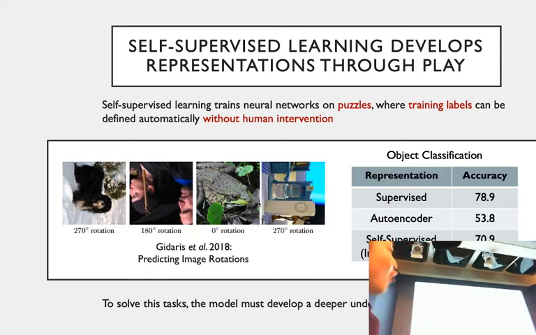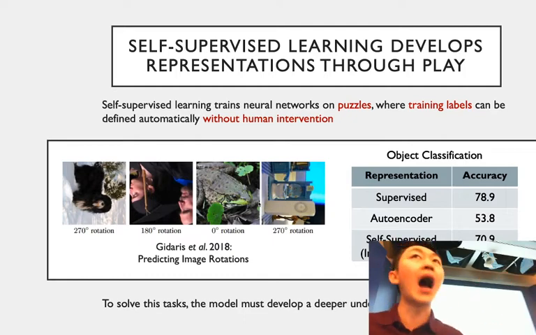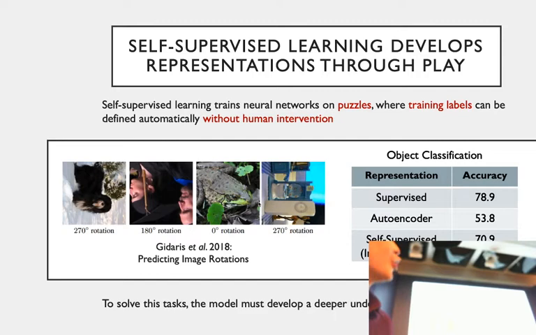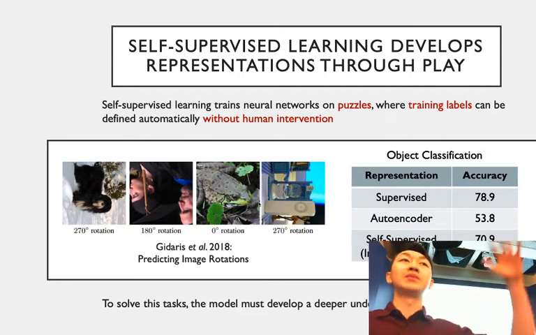So the model is trying to predict how much an image is rotated by, and then something remarkable happens. If you look at the representation that is learned by this model, it actually is very good at classifying the type of an object, such as whether it was a dog or a car or an airplane in an image, and almost as good as if you trained the model directly. So why does this happen? To understand this, we'll look at this image over here. You guys can tell it's obviously been flipped upside down, right? That's because there are human beings in this image, and those people have been flipped upside down.